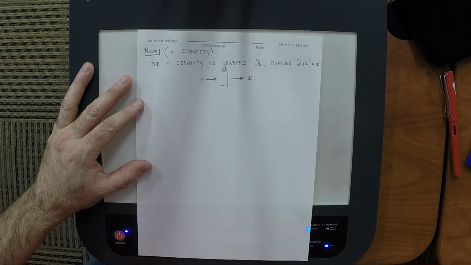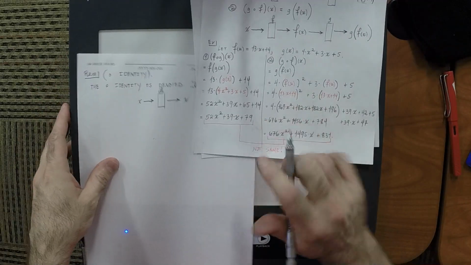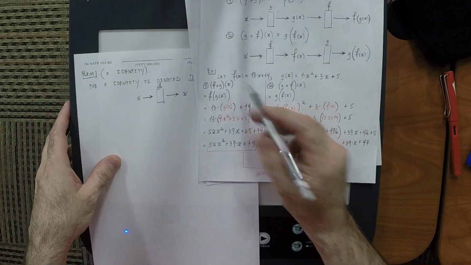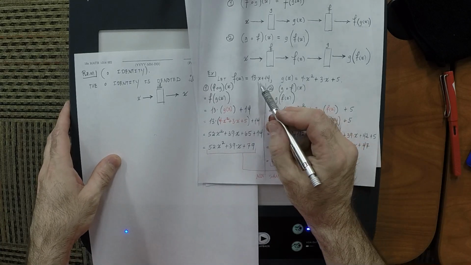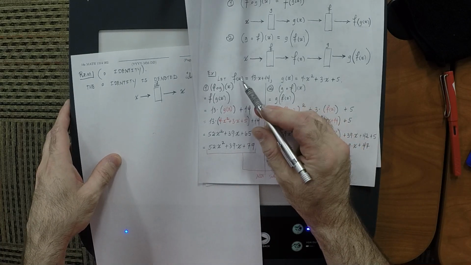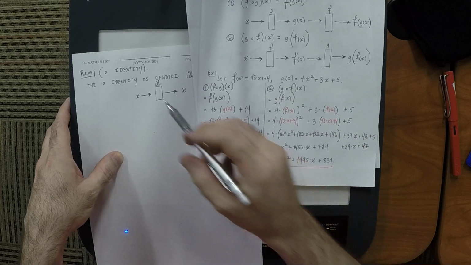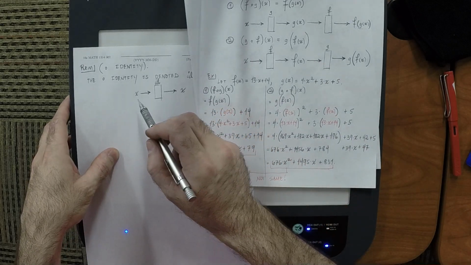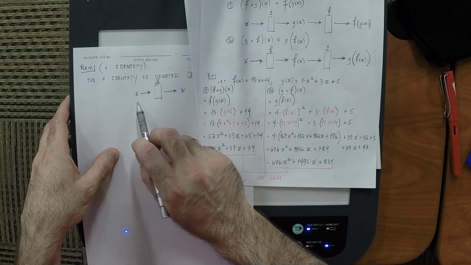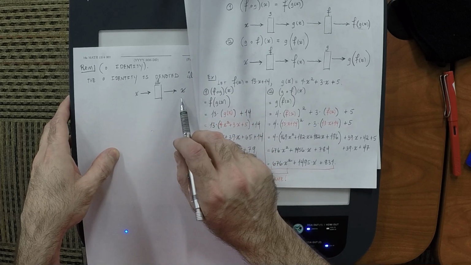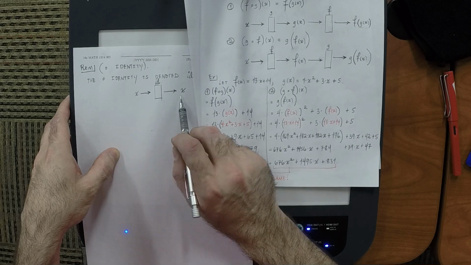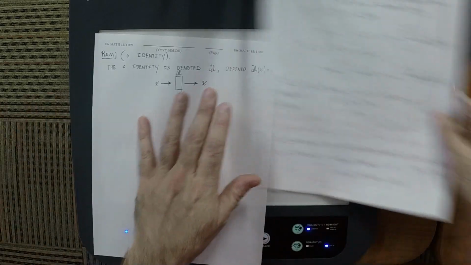This is as opposed to, say, this function right here, when you give it an x as input, 13x plus 14 comes out. What I'm saying is that this is a machine where you give it an x and out comes an x. If 5 is input, 5 is output. If a banana is input, a banana is output. Okay.